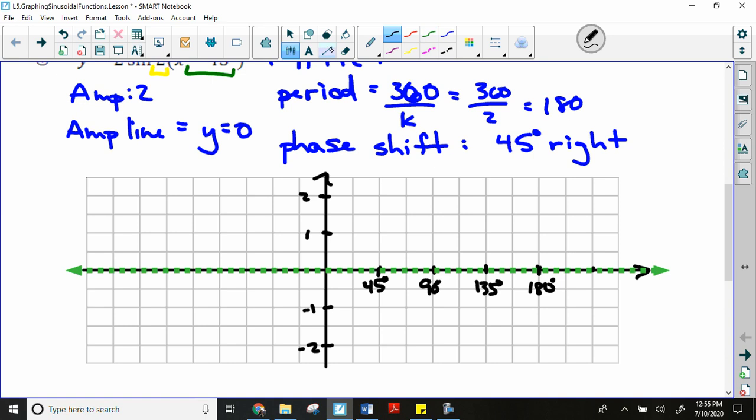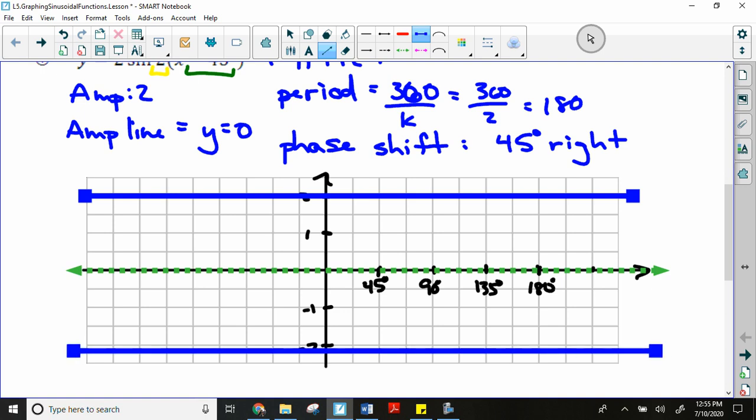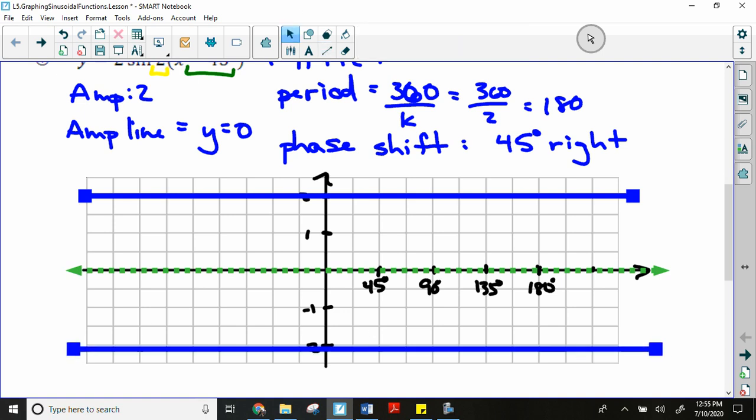I like to show my restriction lines, because the graph is going to go up to and down to from the amp line, which is green. So this is my high and this is my low, because the amplitude goes up and down from that axis line, or amp line.